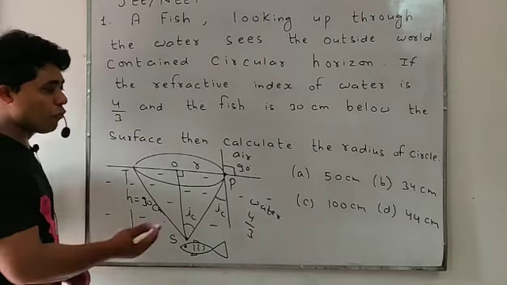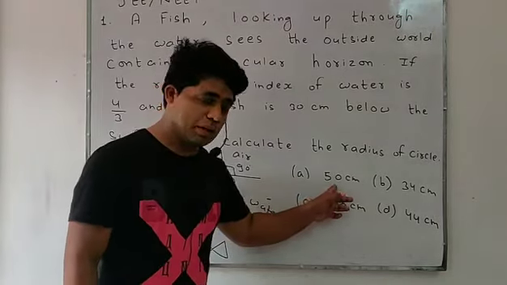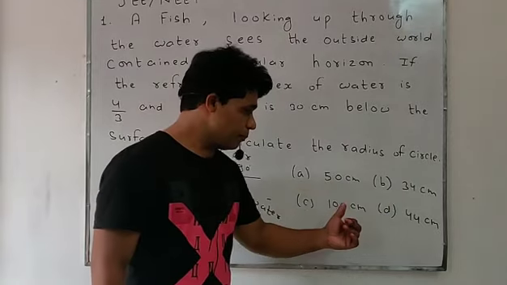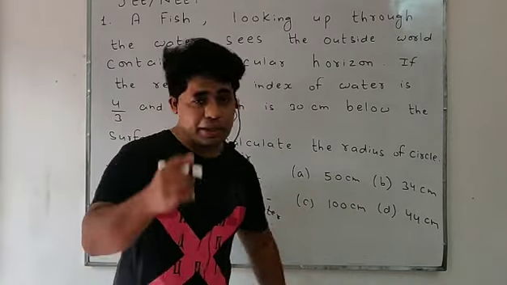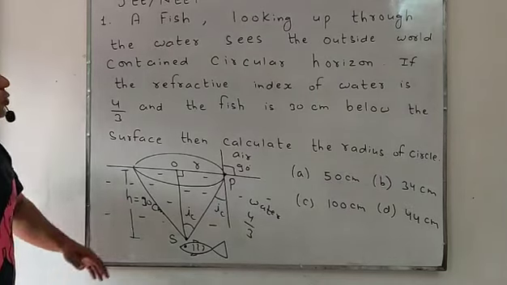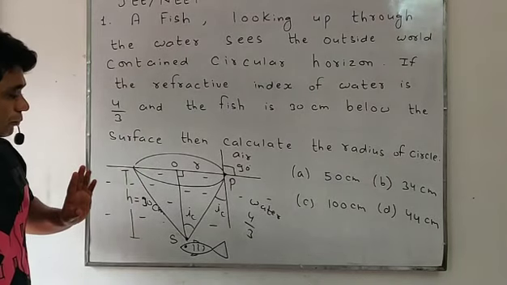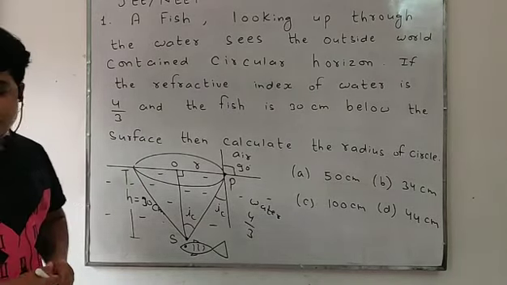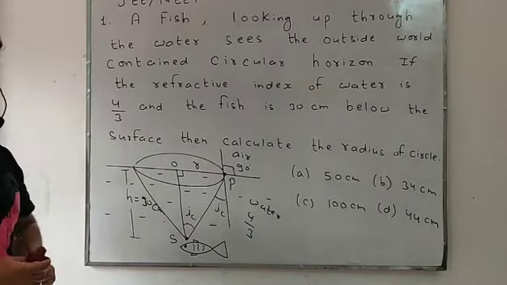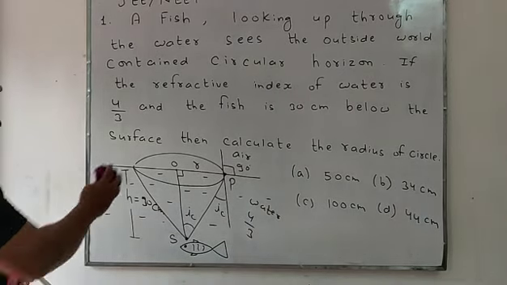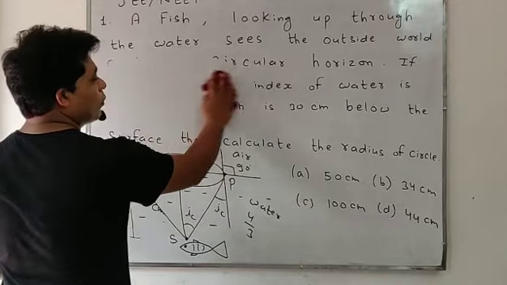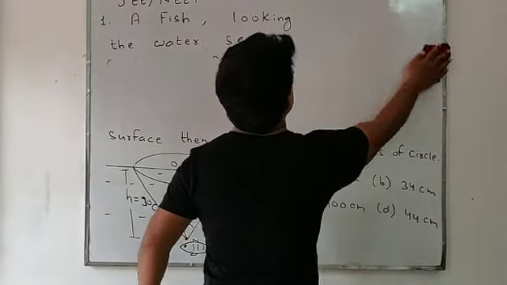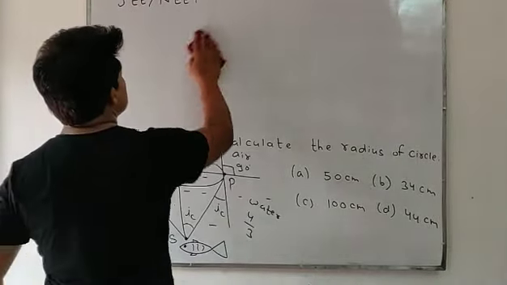We are given four options: 50 centimeter, 34 centimeter, 100 centimeter, either 44 centimeter. So we have to find. Now students, look, first of all I'm going to remove this question. You can take a screenshot, you can write this question. Calculate the radius. We have to find the radius, and we are given the four options.